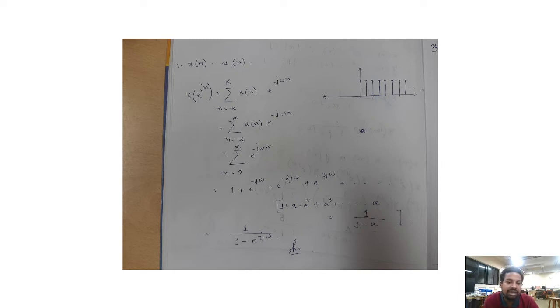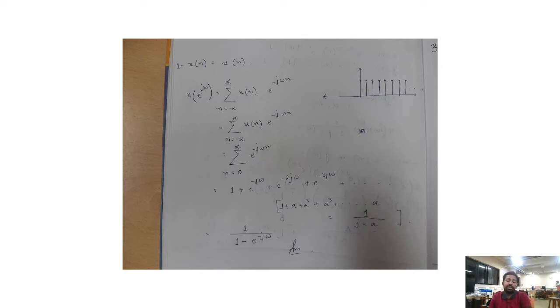Then we have n equal to minus infinity to infinity u of n into e to the power of minus j omega n. But as it is a unit step, our values will lie from 0 to infinity, because that's the property of the unit step. Fine. So instead of u of n, we write 1, because we will have a constant value of 1 for the entire time interval from 0 to infinity.